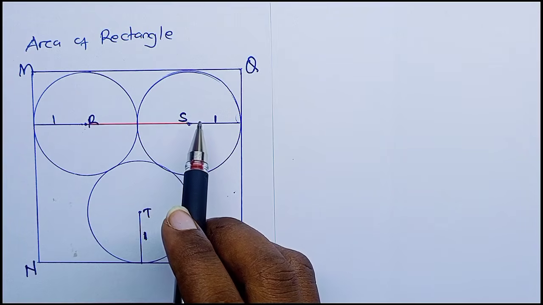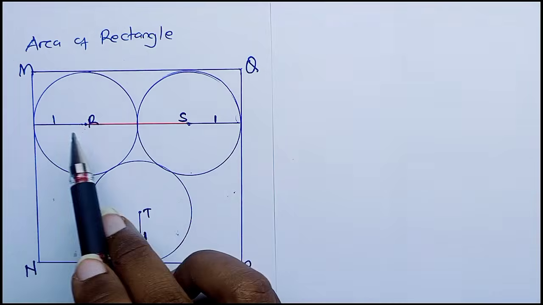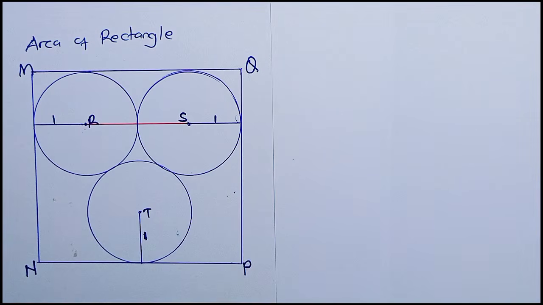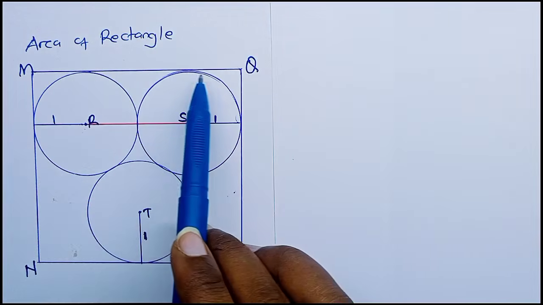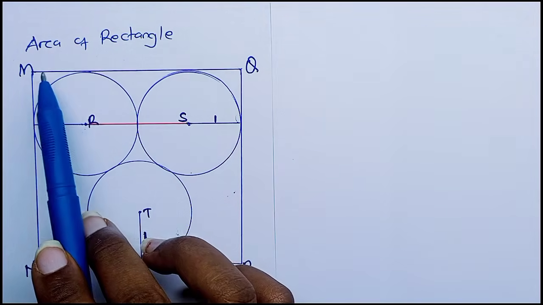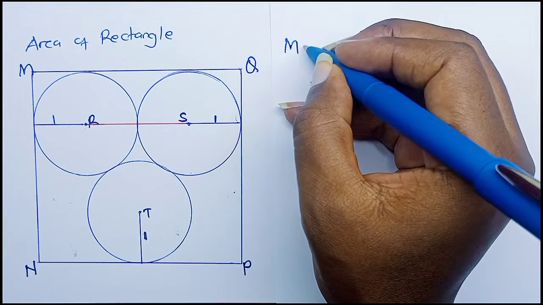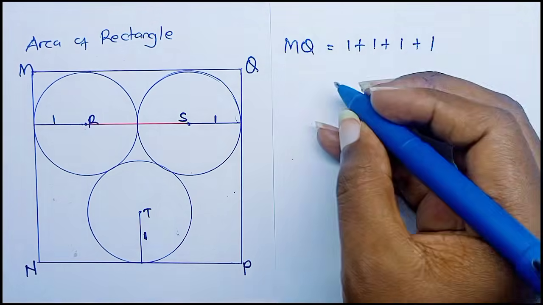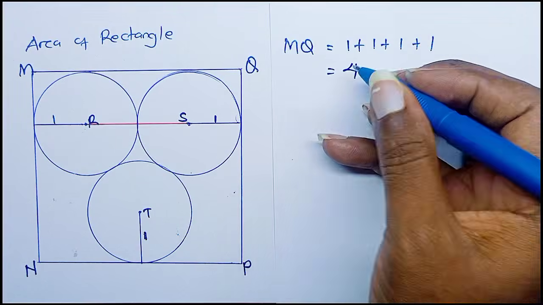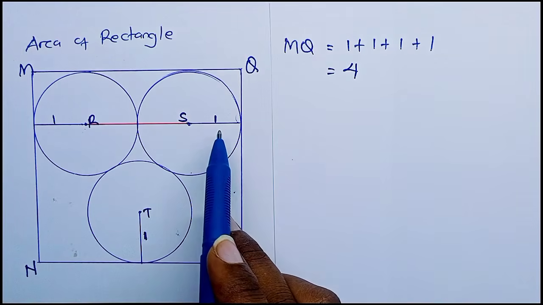That implies that when we combine all of them to make one line, since it's a straight line, it is equal to MQ. So MQ will be equal to 1 plus 1 plus 1 plus 1, which is equal to 4. So 4 is the combination of two diameters.